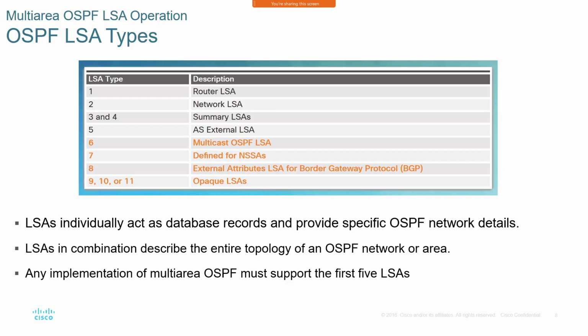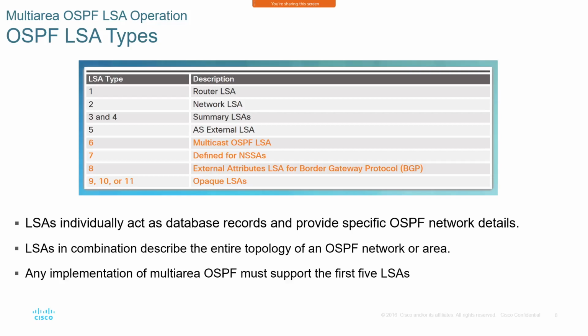We also do have the type 3 and type 4 LSAs. They are both summary LSAs. The difference between the 3 and the 4 is that the 3 will be between different areas. So the 3 will be for when you want to inject the networks from one area into another. The 3 will be the LSAs that will be sent from one area to area 0 so that they can be advertised to different areas.